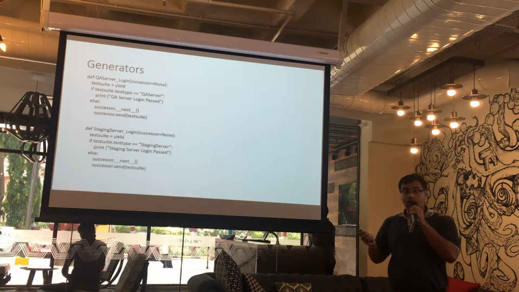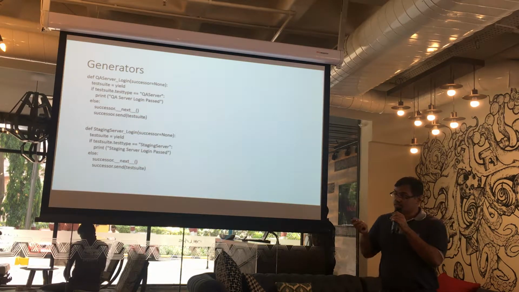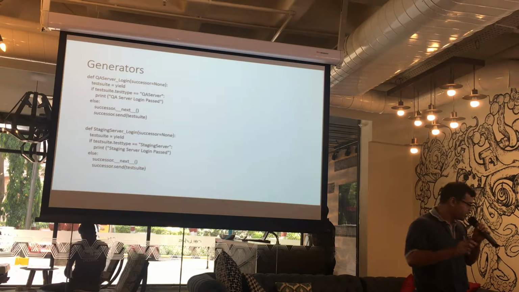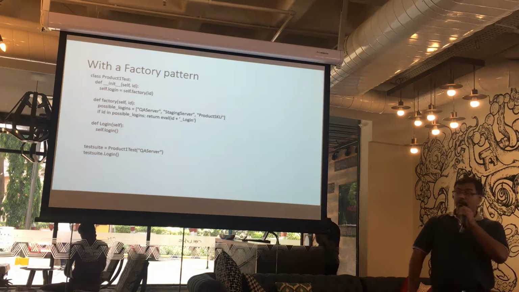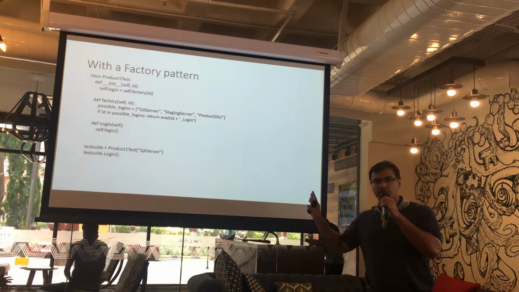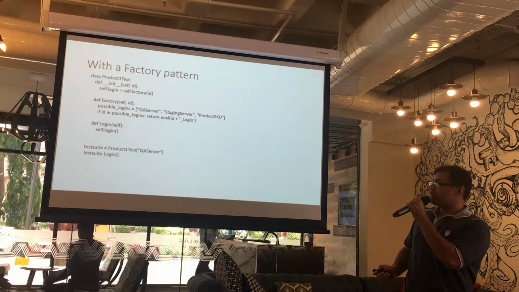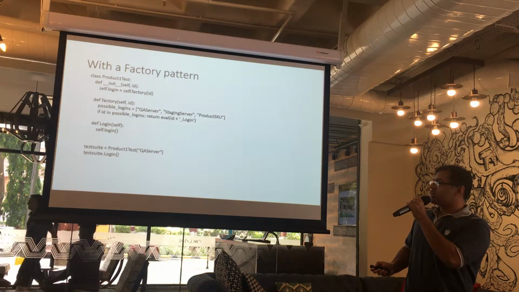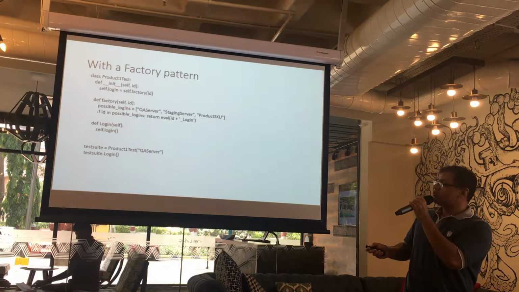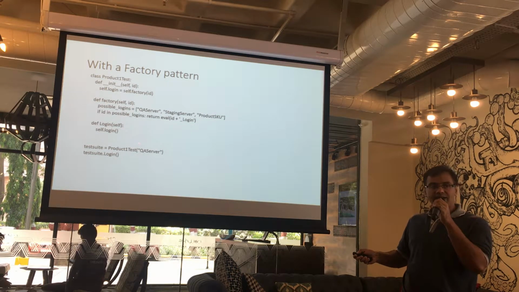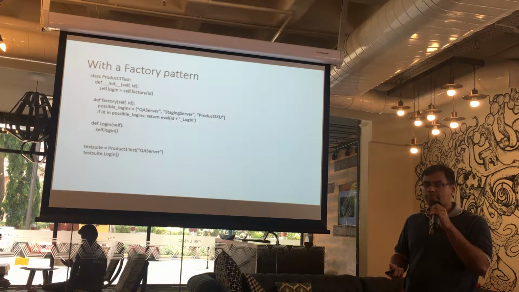Okay, now the reason why I said that this is not the best way you could do it is there is another way you can do it. There is another design pattern known as factory pattern, and it does it in a much more simplified way. What does a factory pattern do? When you call product one test QA server, he goes there, he calls a factory, and the factory gives him a function. The factory will basically tell you which function you should implement.